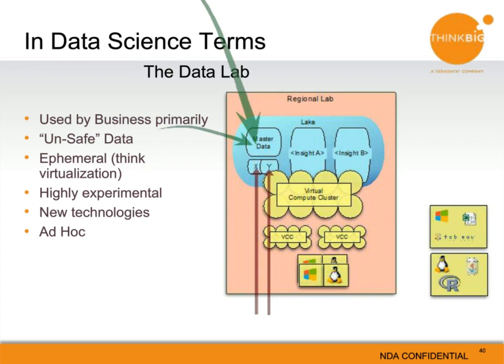But sometimes we like the lab, we like the lake, we like things with a little more algae and a little less sanitation than the full reservoir gives, and that's one of the key places where we use the lake for a data lab. The reason we do that is to be able to have unsafe data.